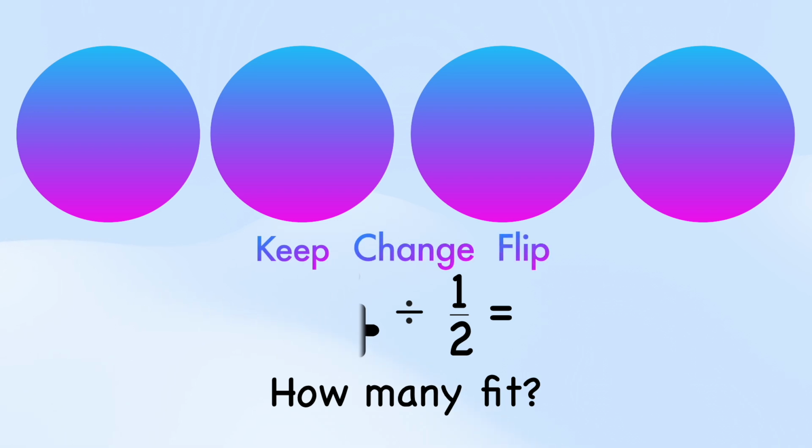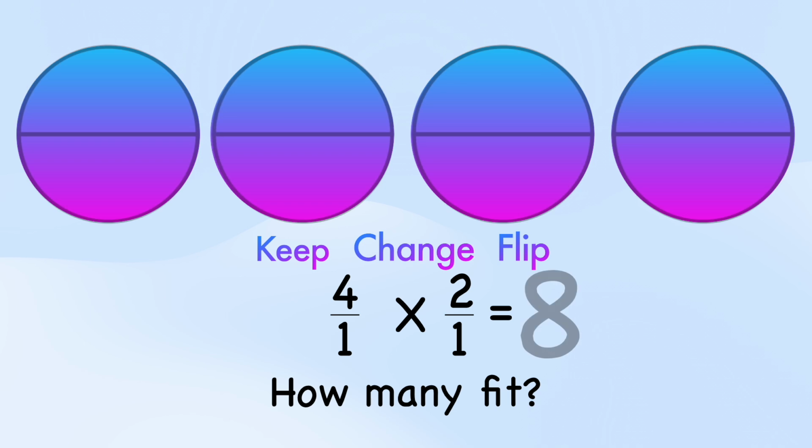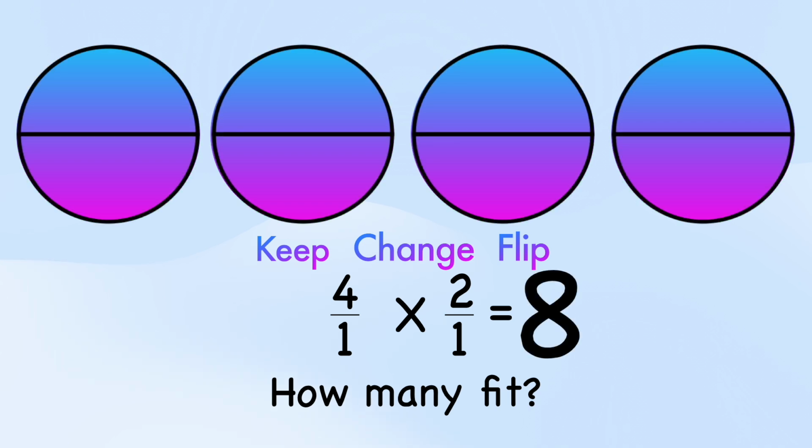We're going to keep that 4, we're going to change that division, and we're going to flip that half. So 4 times 2 is 8, 1 times 1 is 1, 8/1 is the same as 8. We can see in the picture that 4 divided into halves is in fact 8.